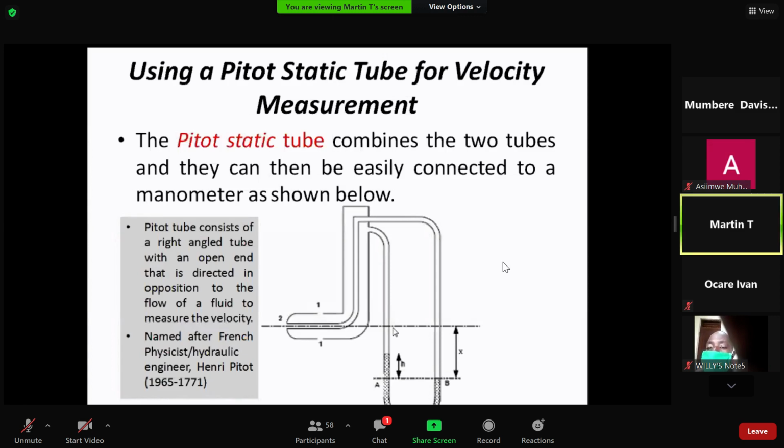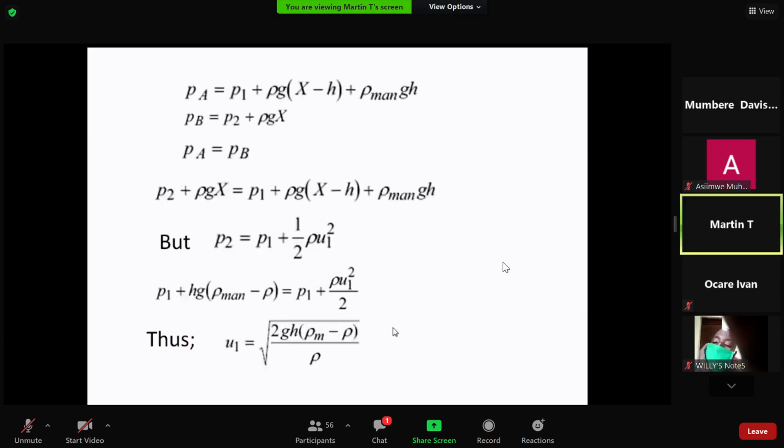Plus P2. Yes, plus P2, because the pressure P2 is the one that is connected to that limb. Plus P2. So that's what we have.